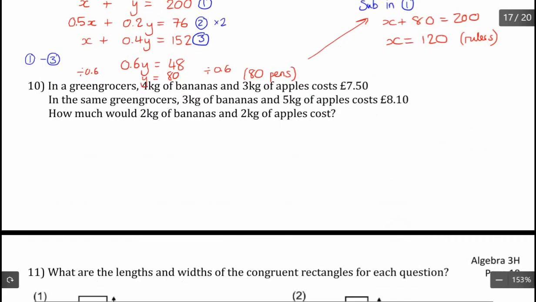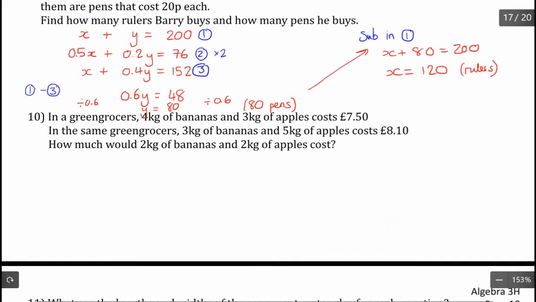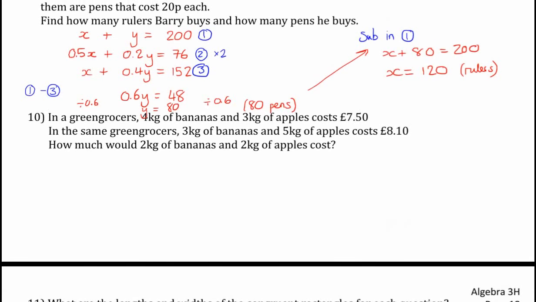Okay, and the last question on that page: in a greengrocer's, 4 kilograms of bananas and 3 kilograms of apples cost £7.50. In the same greengrocer's, 3 kilos of bananas and 5 kilos of apples cost £8.10.